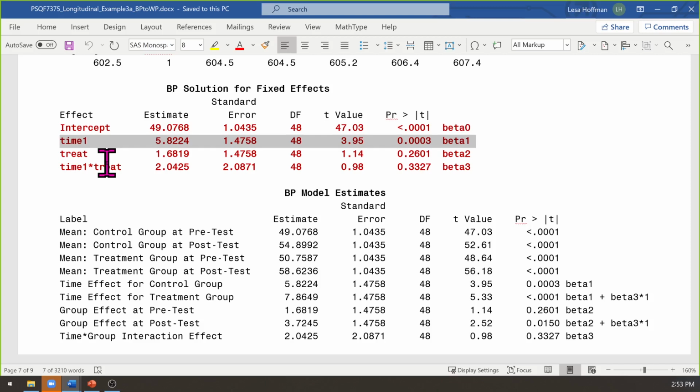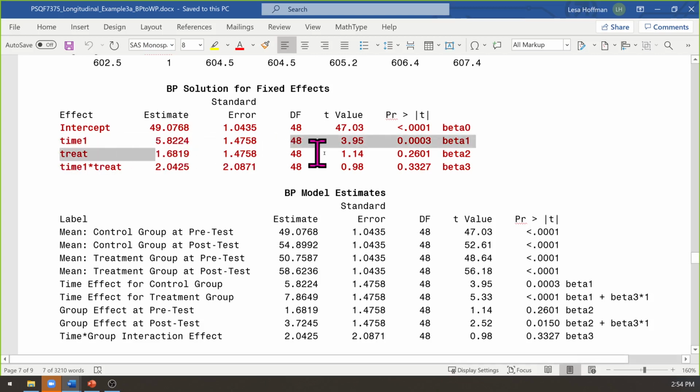So 5.8 is the difference of post-test relative to pre-test for the control group, yes. So simple slope, simple main effect, conditional slope, all of those words reflect the idea that I can't just call this the effect of time and be done. It's the effect of time when the interaction term is 0, which is in the control group.